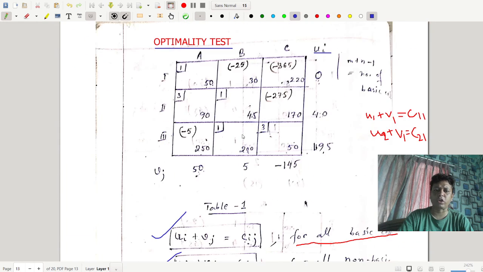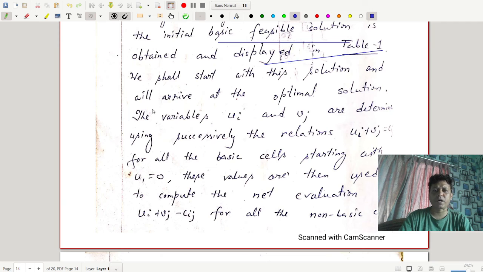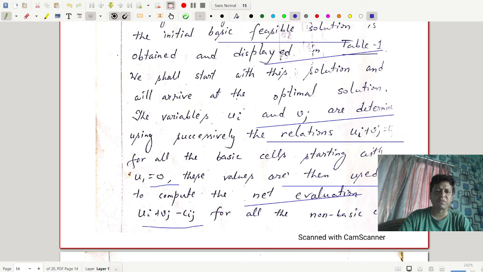Now let's come to the conclusion. Using the Vogel's approximation method, the initial basic feasible solution is already displayed. Now we start with this solution and arrive at the optimal solution. The variables ui and vj are determined successively using the relations for the basic cells, starting with u1 equal to 0. These values are then used to compute the net evaluations ui plus vj minus cij for all the non-basic cells.